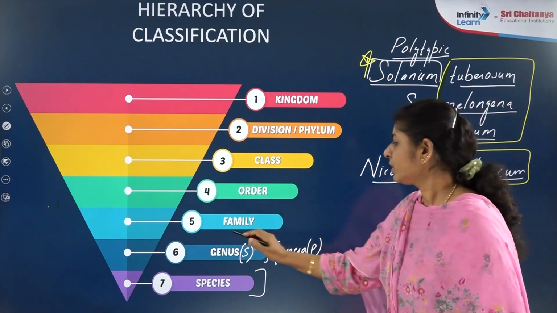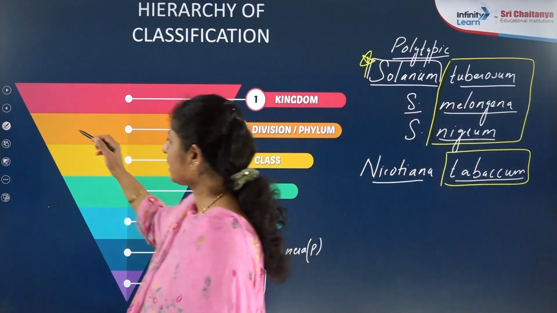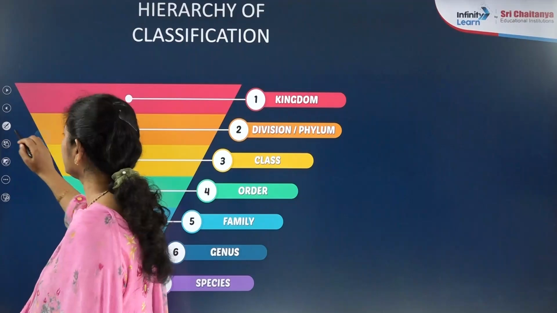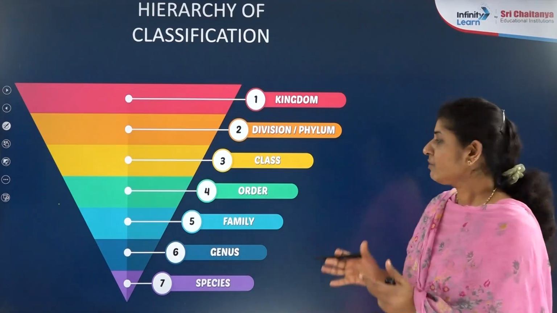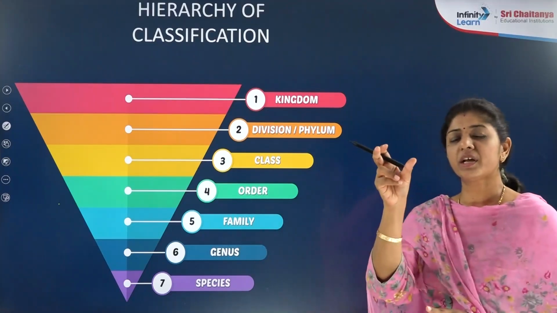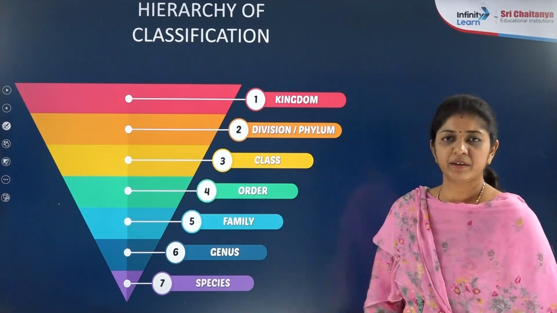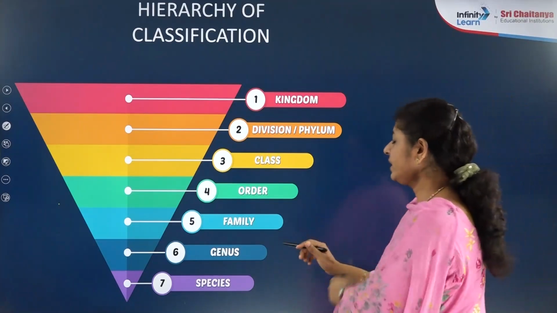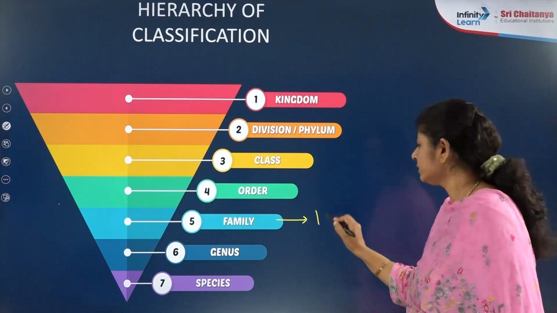Okay, now coming to the next one, that is family. Family is the next higher level, where it is important to discuss what it contains. Can I say family consists of related genera? Now the word used is genera. A group of related genera creates one family, right? Now family is studied based on what features?